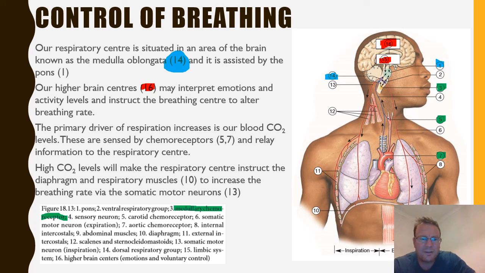All of these chemoreceptors are what are monitoring blood gas and acidity. Lastly, high carbon dioxide levels will make the respiratory center instruct the diaphragm and respiratory muscles down here to increase breathing rate via the somatic motor neurons.